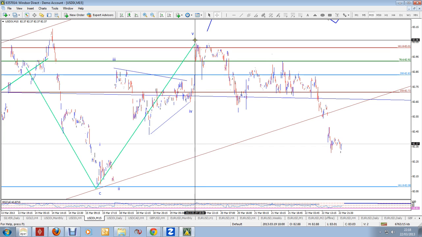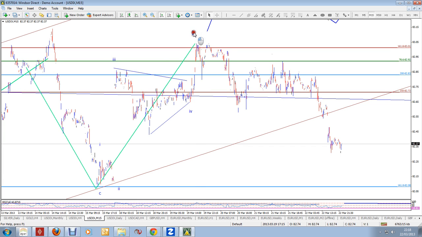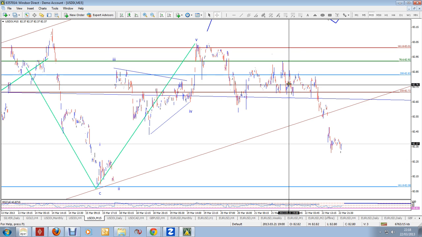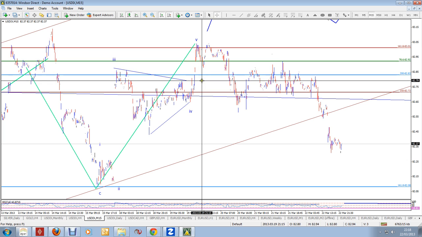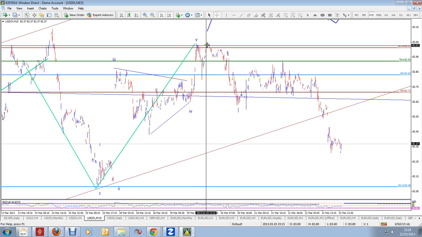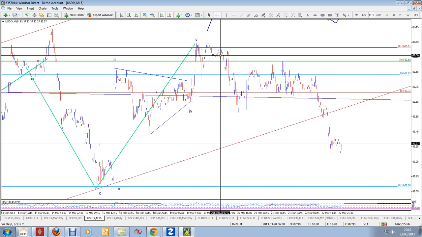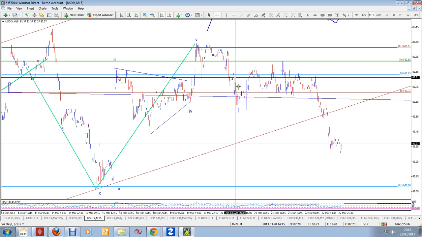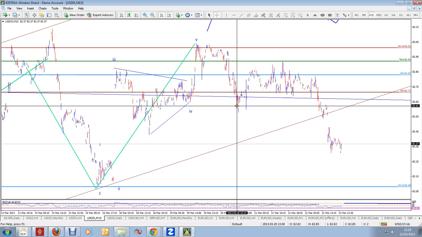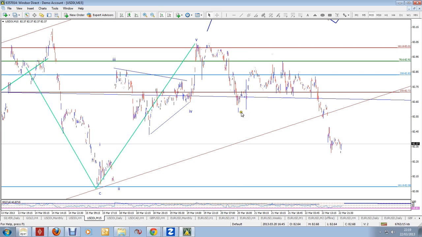So if this is wave 5, the price pattern is not very clear, but this might be wave 1, this might be wave 2, then maybe over here we've got wave 3, 4 and 5, but it's not ideal.